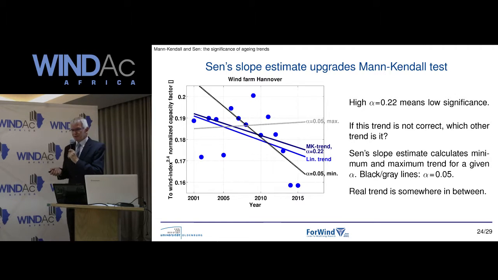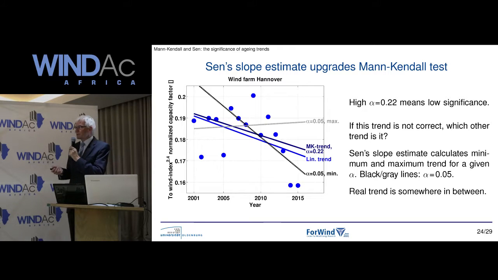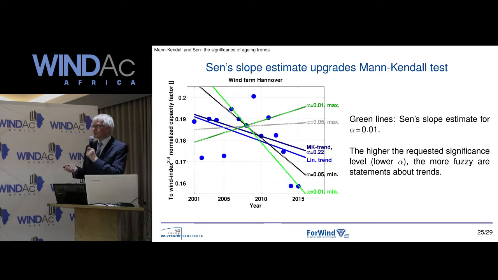The only thing we can say is that the real trend is somewhere between. There's a high probability our trend will be between this and this trend. That's the only thing we can really say about trend. Additionally plotted here are the maximum and minimum trends for an even higher significance level, alpha 0.01. And you see, almost everything is possible.